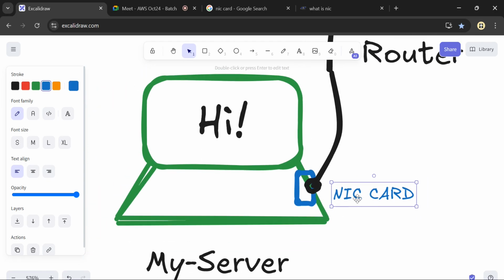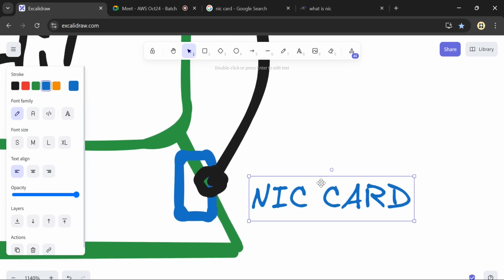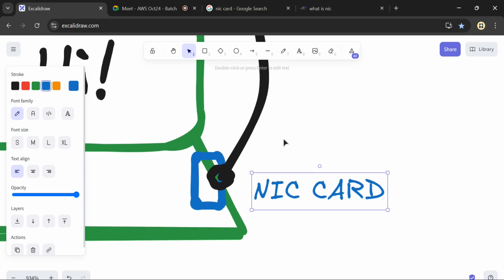If this NIC card was not present in my laptop, I would not be able to connect to the outside world, I will not be able to connect to the internet. I will not be able to connect my mobile with my laptop, or my laptop with another laptop. So this NIC card is important for networking.